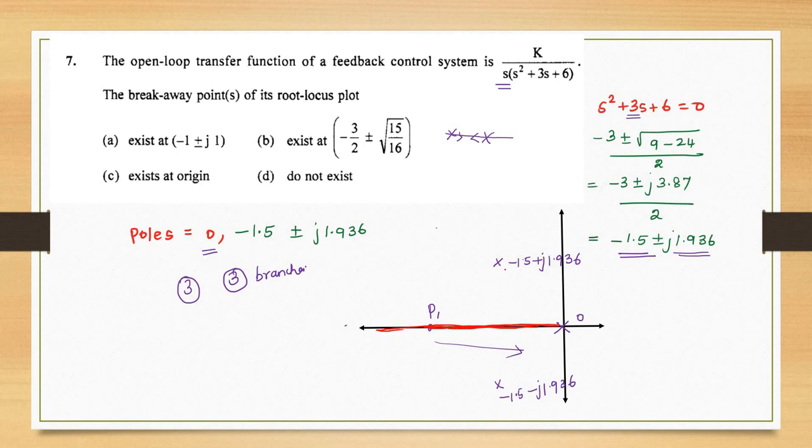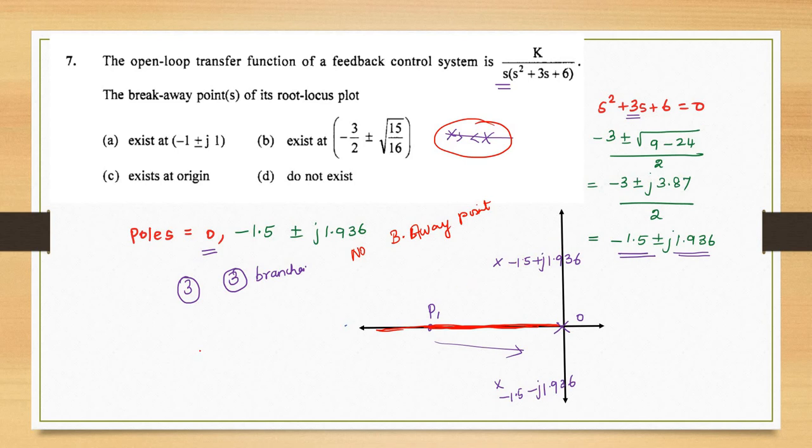And next, I am going to find out the other 2 root locus branches. Here there is no breakaway point, because there are no neighboring poles available. No breakaway point. There is no intersection in the imaginary axis.